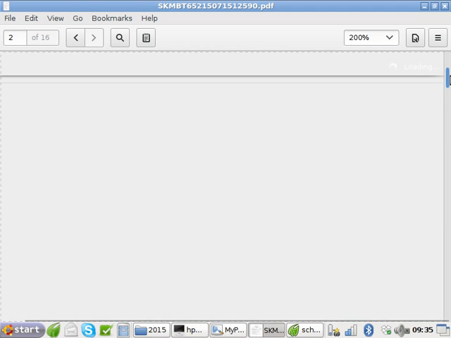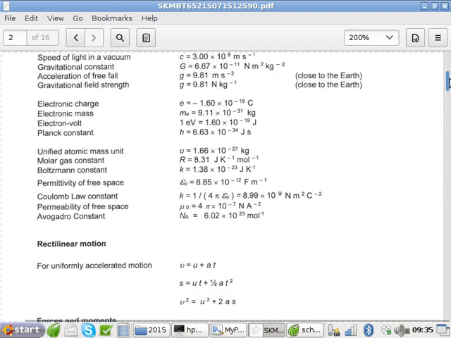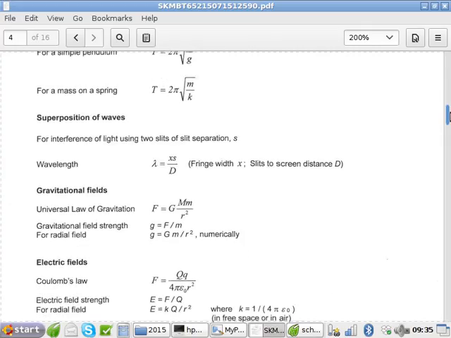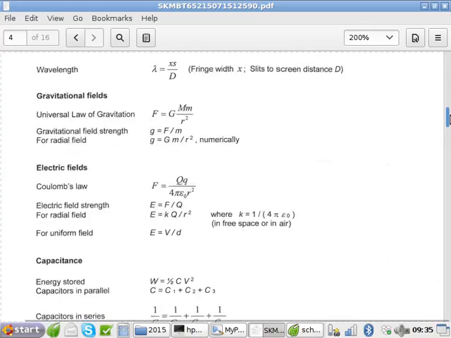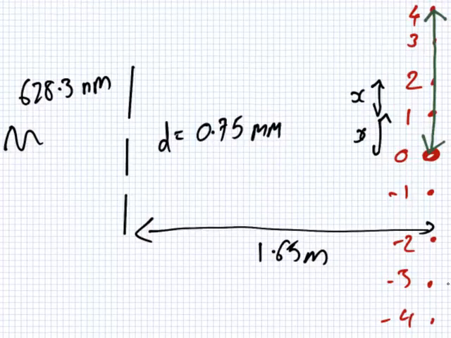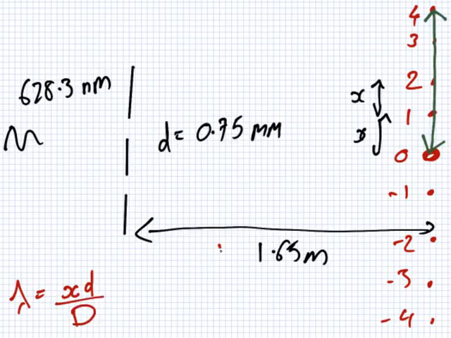Let me just double check. No, it's not in the book. It's odd. The two formulas you can use are this one, which is lambda equals x d over big D, or the other one, n lambda equals d sine theta. You have those two you can use.